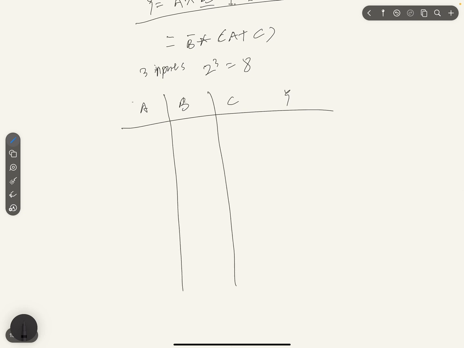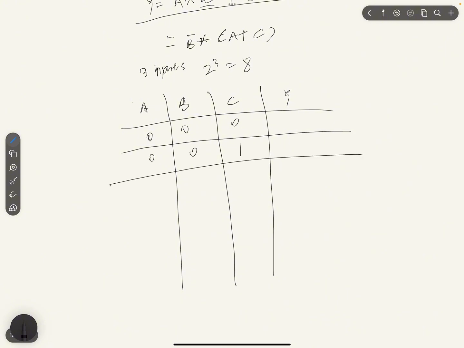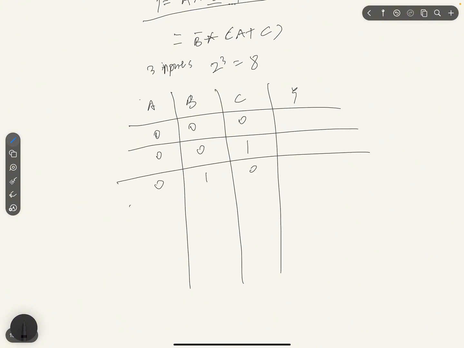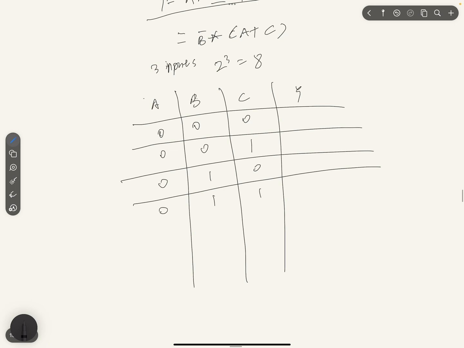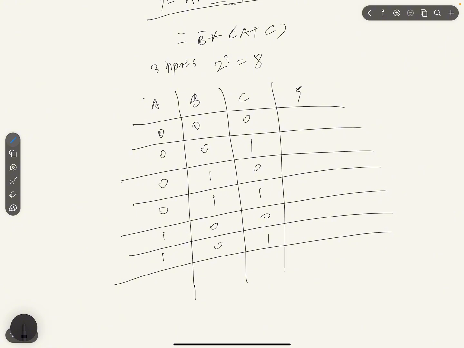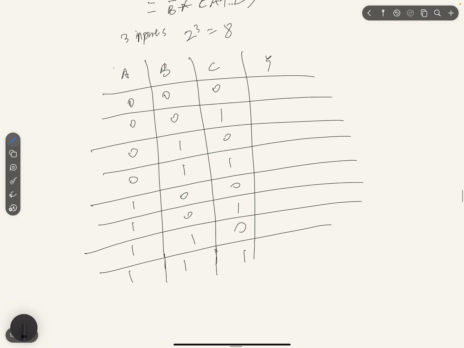Just build the truth table for it. We start from 0, 0, 0, 0, 0, 1, 0, 1, 0, 0, 1, 1, 1, 0, 0, 1, 0, 1, 1, 1, 0. The last one will be 1, 1, 1, which is 7. So that's how we build the truth table.